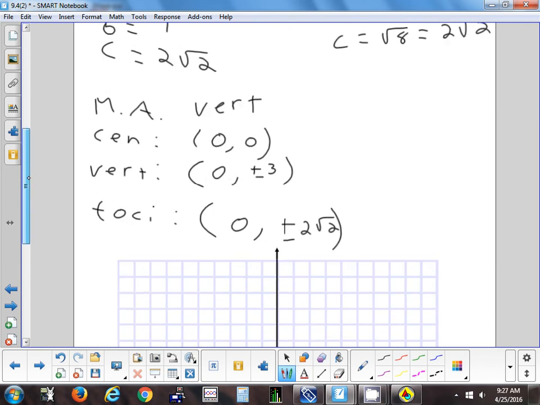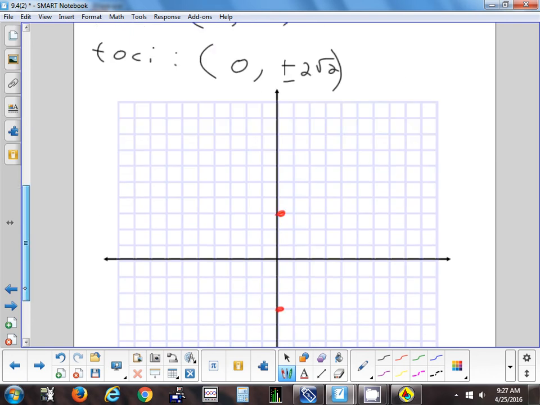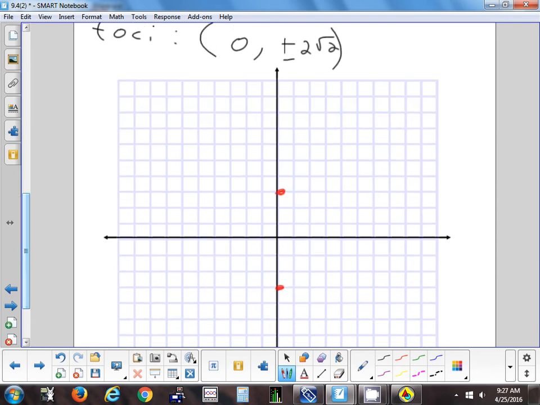And now my other thing I need to sketch the ellipse is the distance from the center to the minor axis. What letter is that? B. Okay, so the major axis is vertical, minor axis is left and right. B is 1 unit and 1 unit. Those are basically the 4 points that make up my ellipse.